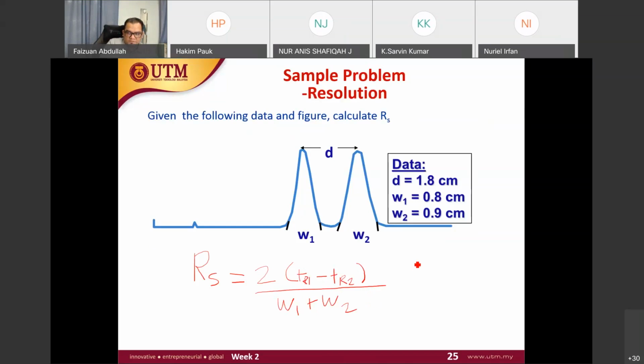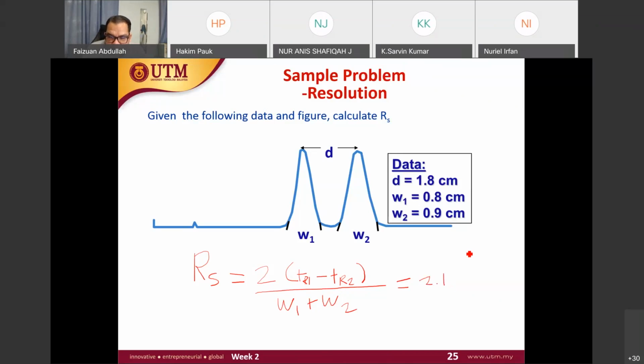So the answer is 2.1 from Irfan. Does everybody agree with that answer?